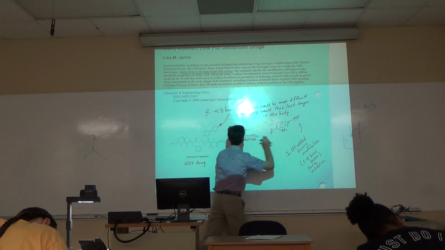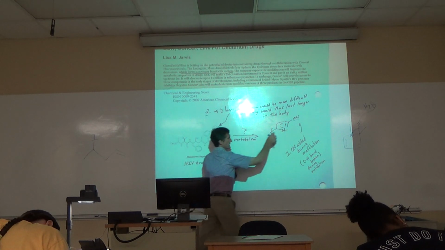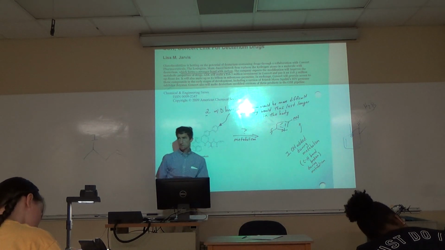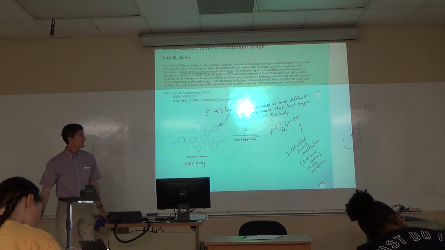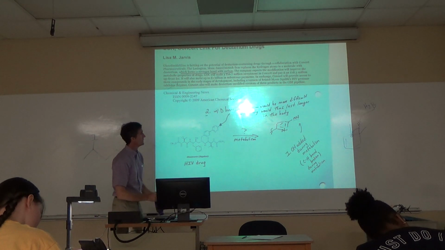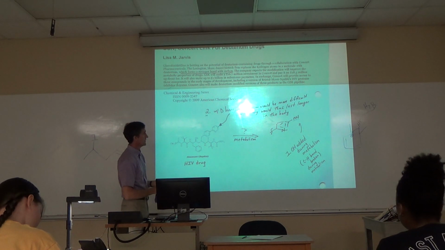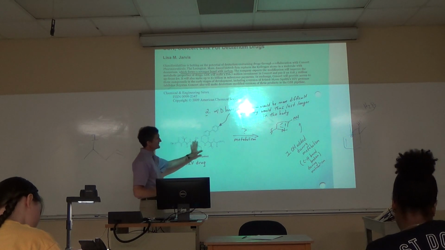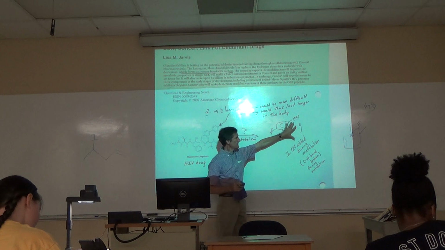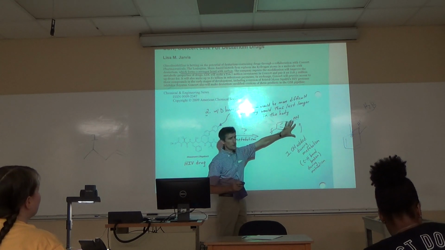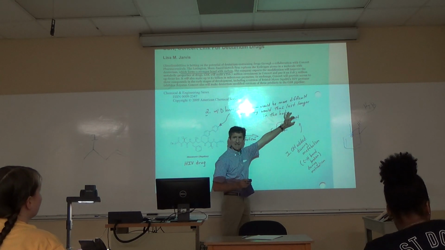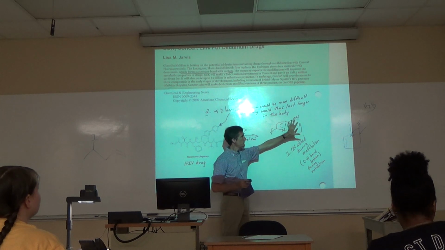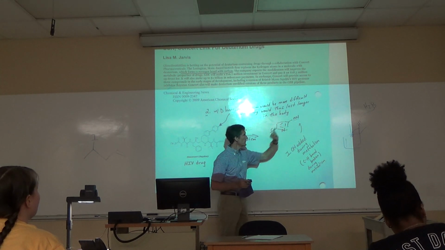When we metabolize it, the CH bond is broken, and that becomes a CO bond. In this case, the drug is no longer active once it's metabolized. It's a small change, but sometimes it can be major.